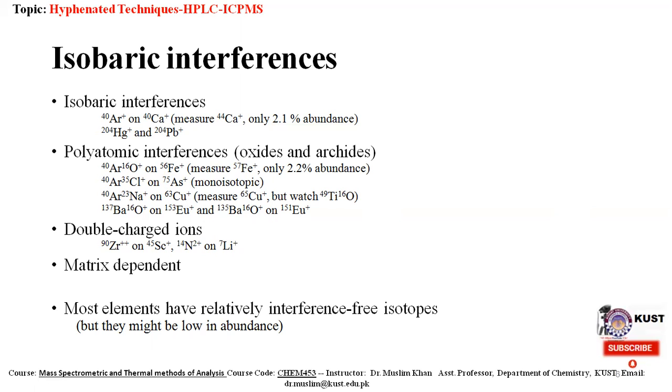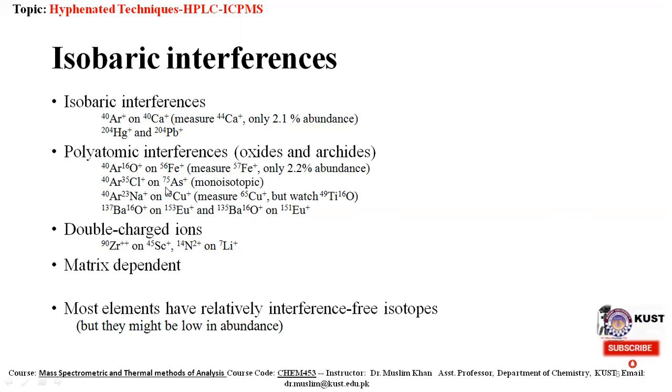And then chlorine is everywhere, which means it might be in your matrix somewhere. Then argon 40 plus chlorine 35, what are we making? We are making 40 plus 35, 75. Arsenic is 75. Then it is very difficult to differentiate between argon chloride and arsenic.